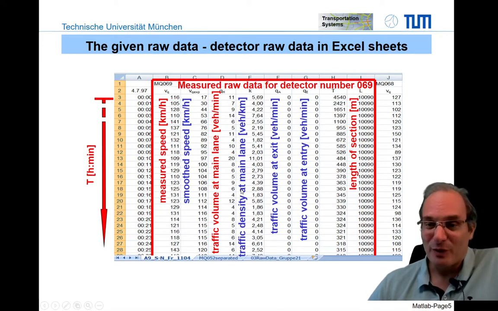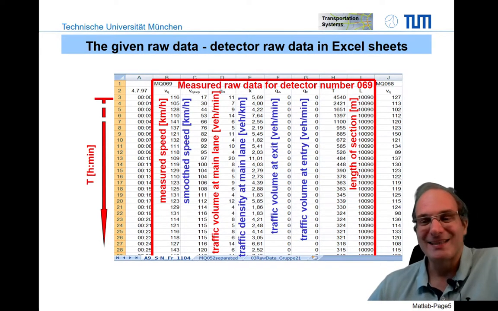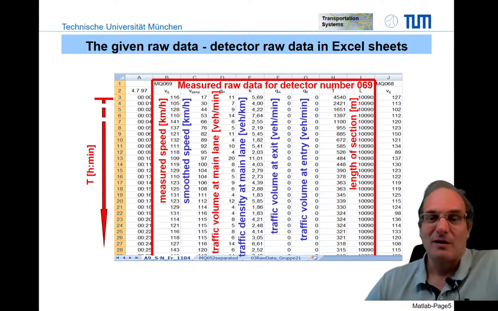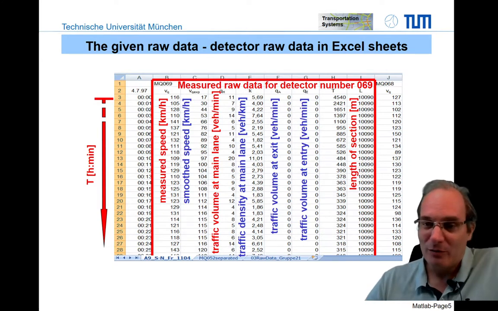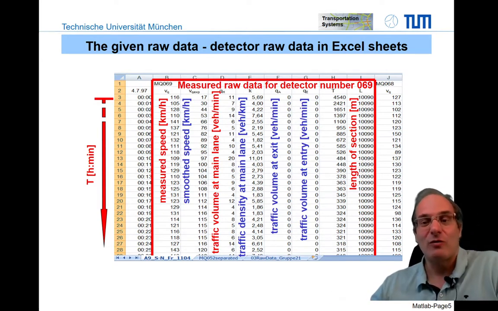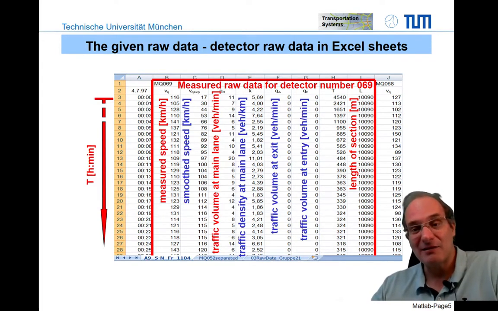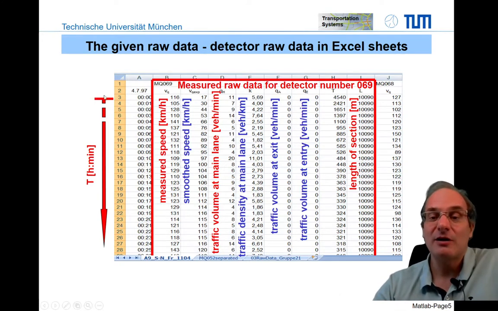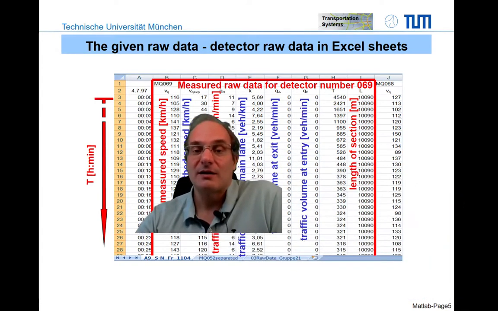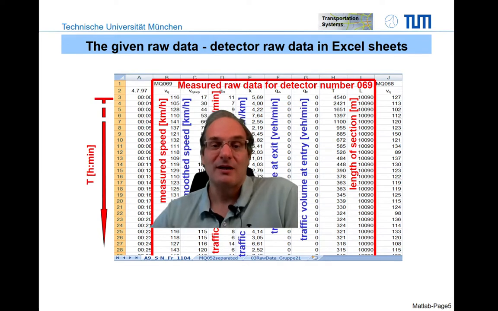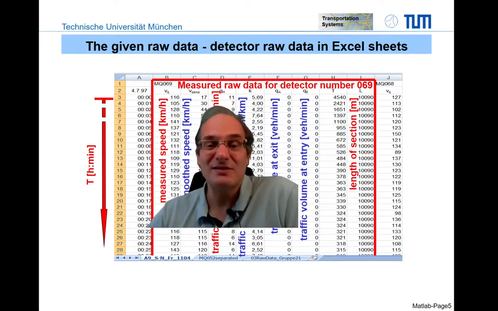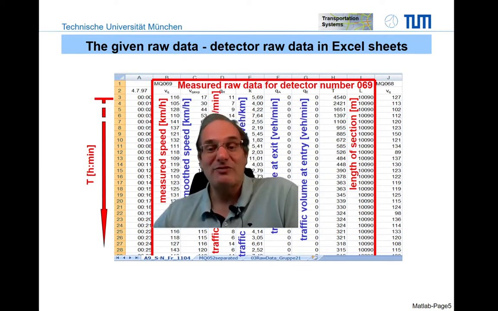The format which you will get is a simple Excel file. In this case, the data are quite old, but it doesn't matter. Also, the new versions have the same style, and therefore you have to read an Excel file. You see here on the left part that you have the minutes, the information about the timing.